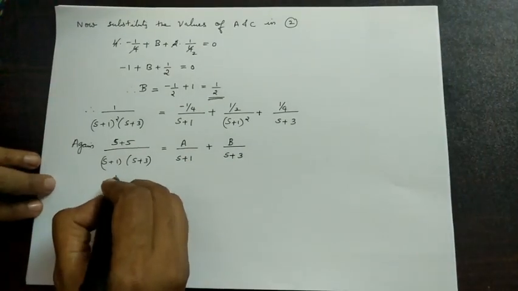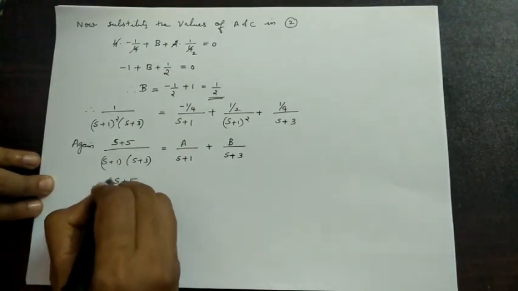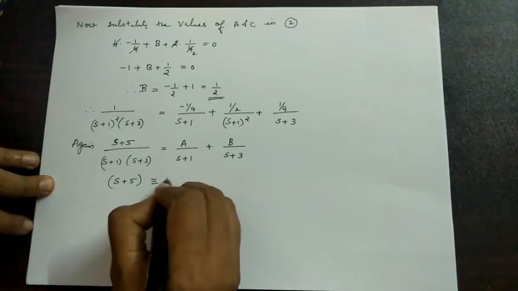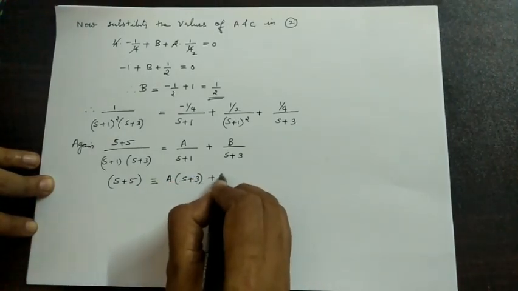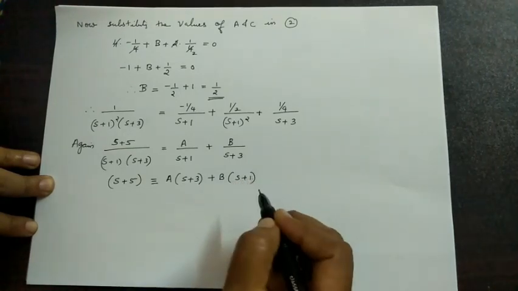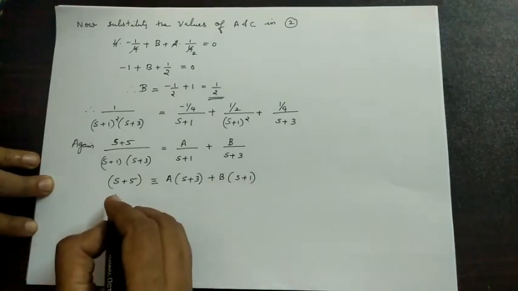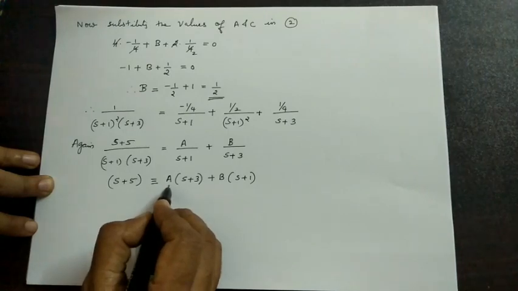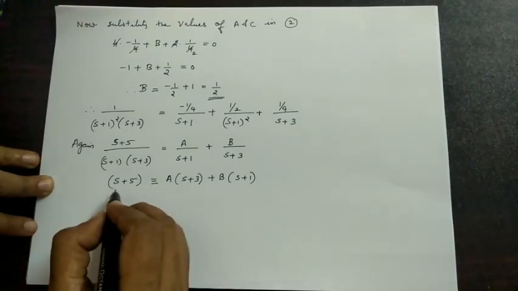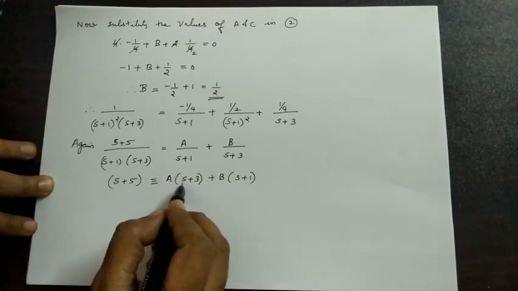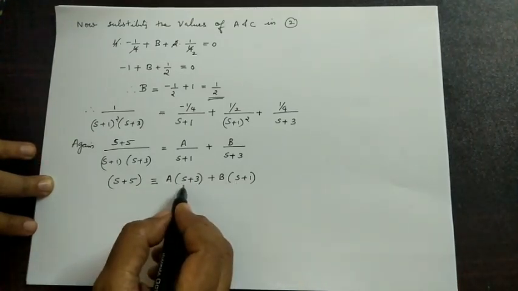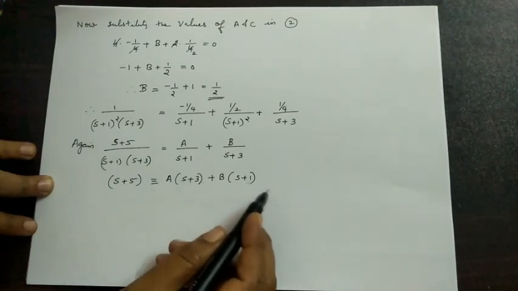Now again s plus 5 is equivalent to a into (s plus 3) plus b into (s plus 1). Now here also we can equate the coefficients of s and the constants, or we can put values for s, that is, we can put values for s as minus 3 and minus 1.